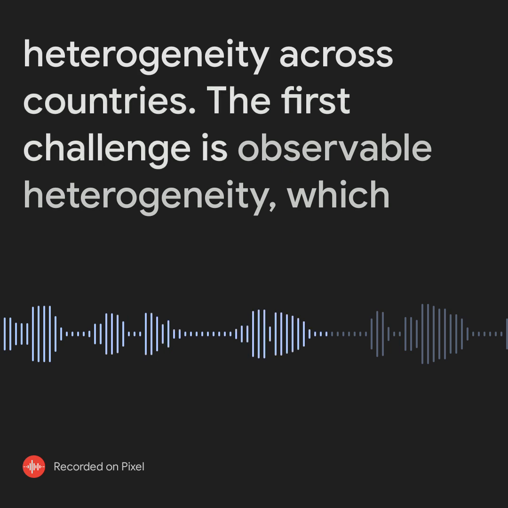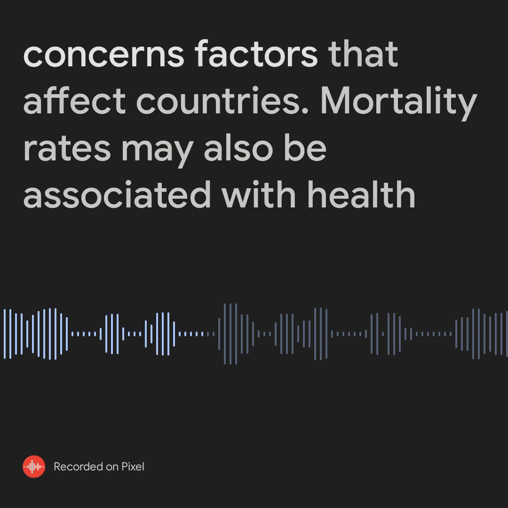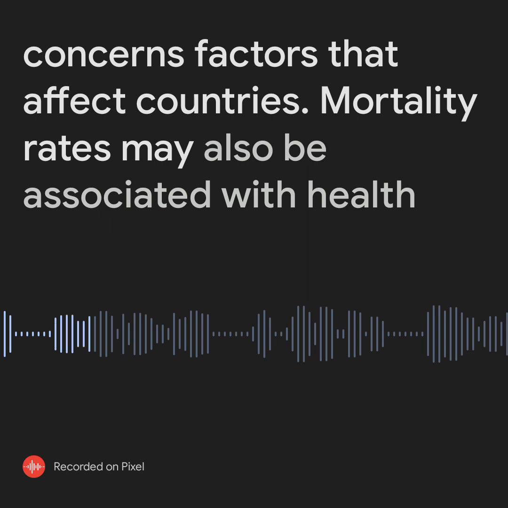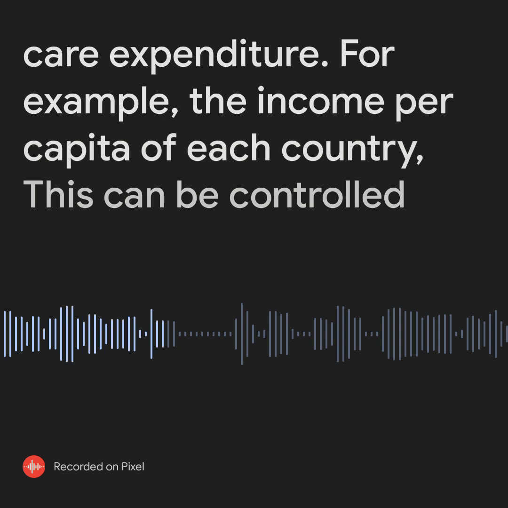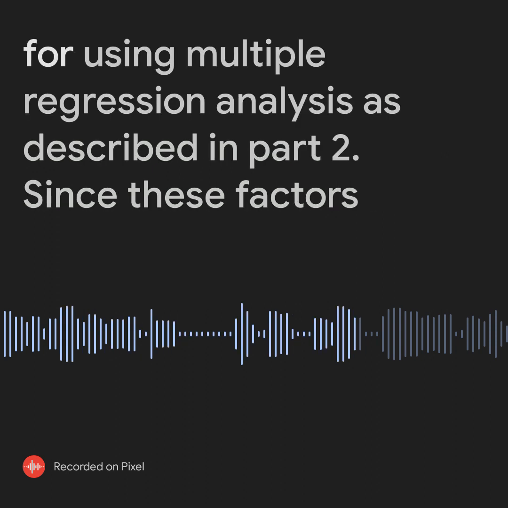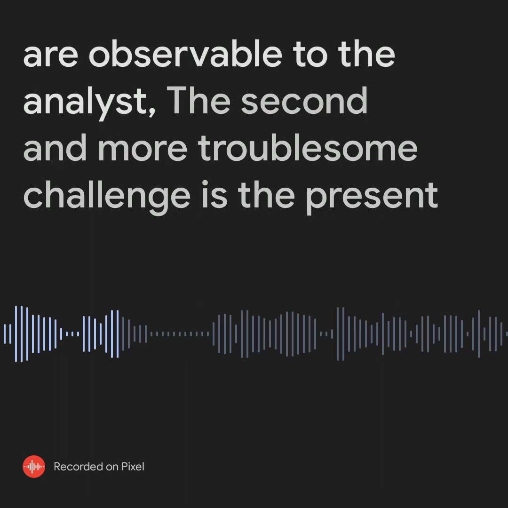The first challenge is observable heterogeneity, which concerns factors that affect countries' mortality rates that may also be associated with healthcare expenditure, for example, the income per capita of each country. This can be controlled for using multiple regression analysis as described in Part 2, since these factors are observable to the analyst.